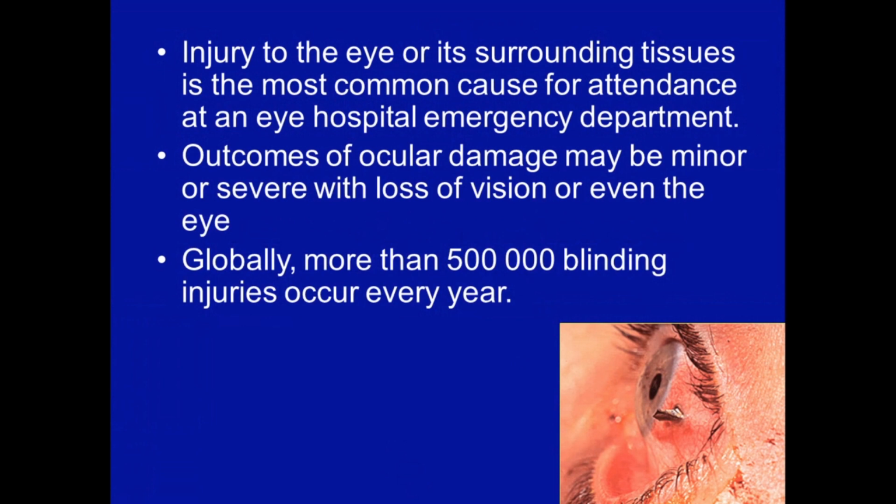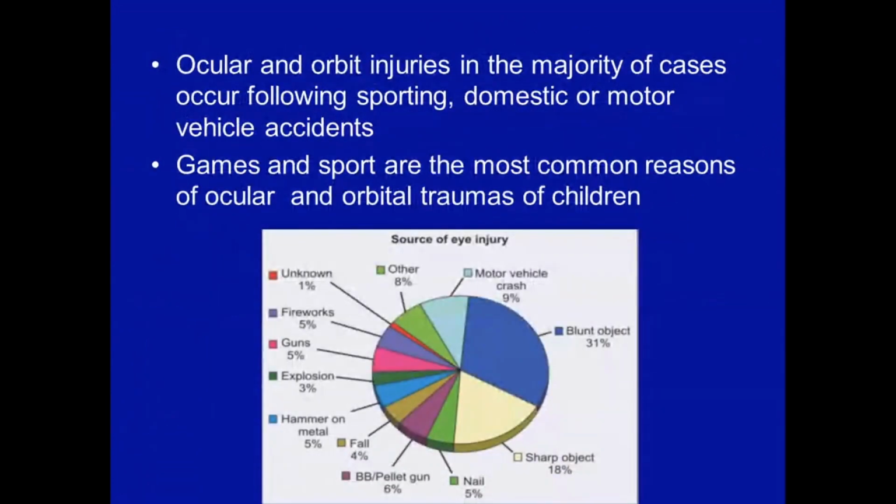So half a million people every year become blind because of eye injuries. Ocular and orbit injuries in the majority of cases occur following sporting, domestic, or motor vehicle accidents. Games and sport are the most common reason of ocular and orbital traumas in children.